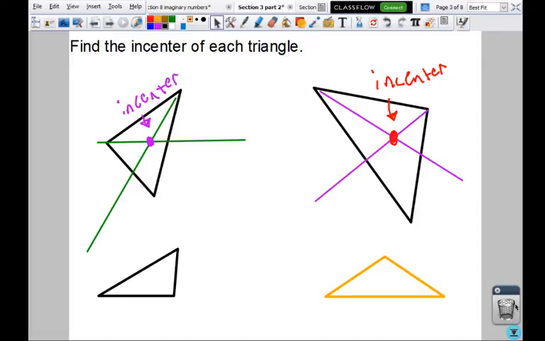We'll see. All right, Lark, find the in center for us. Just estimate it. Guesstimate. All right, Lark's gonna estimate where the in center is for us.